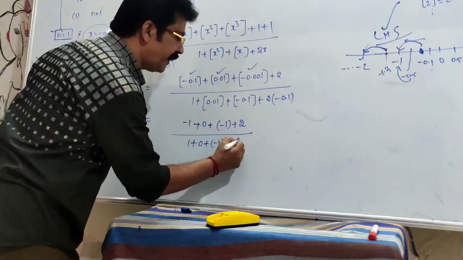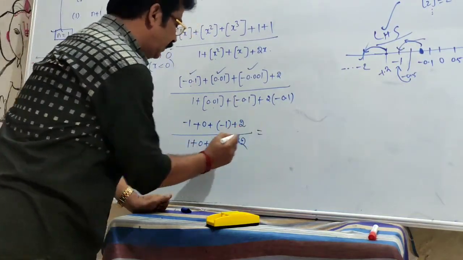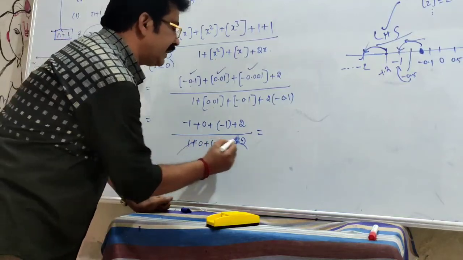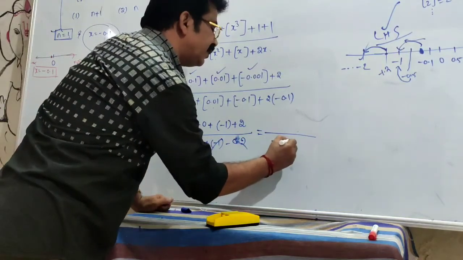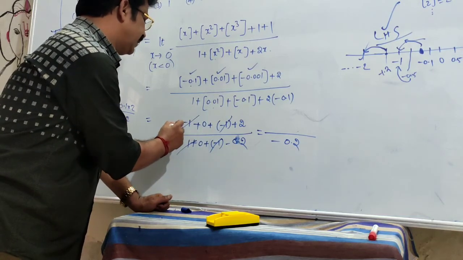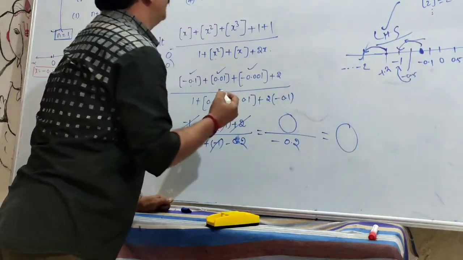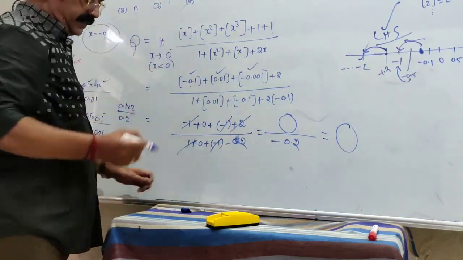So here minus 1 plus 1 cancel. Denominator minus 0.2, of course it is a finite value. Next, minus 1, minus 1, minus 2. Minus 2 plus 2, 0. Hence its answer is 0. Where is 0? It is in the fourth option. That's the problem.